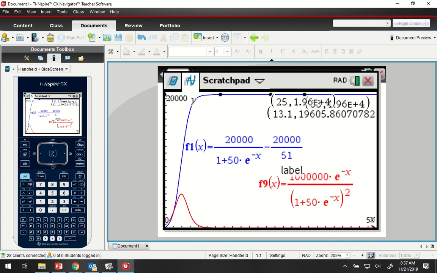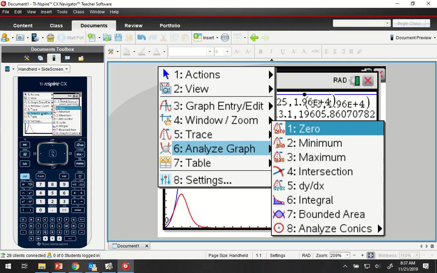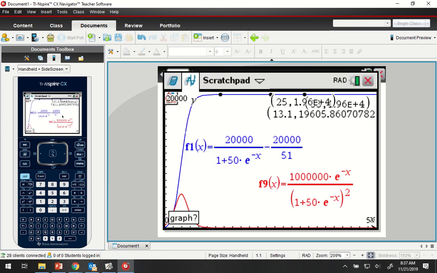So let's figure that out. Menu, analyze graph, and we want a maximum. Lower bound is right here, upper bound is right there. It's about 3.91.